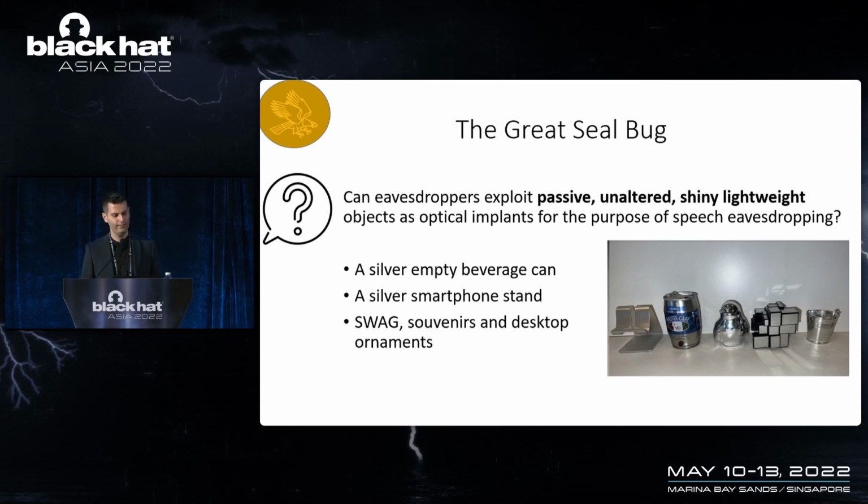You can see an empty beverage can, a regular smartphone stand, and several desktop ornaments that are usually placed on a desk for decoration. And here is a question for you. Can eavesdroppers exploit this type of objects, which are passive, unaltered, shiny, and lightweight, as optical implants for the purpose of speech eavesdropping?